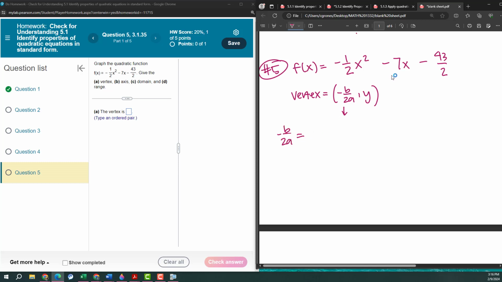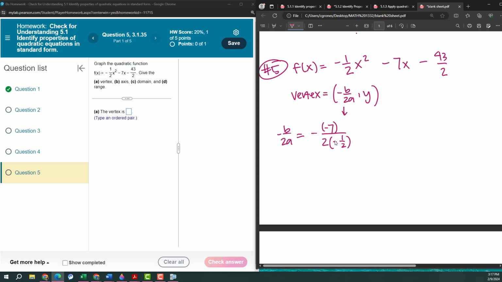All right, so here for -b over 2a, in this case b is going to equal -7. So I'm just going to leave our negative symbol, and we've got -7 over, and then I've got 2 times a. A is -1/2. So we've got lots of negatives going on. Let me rewrite this. -7.